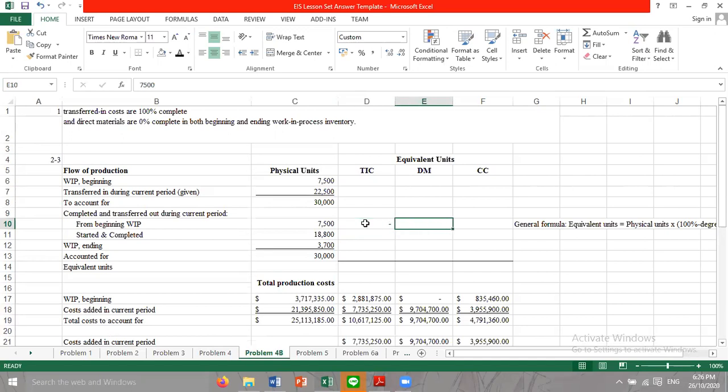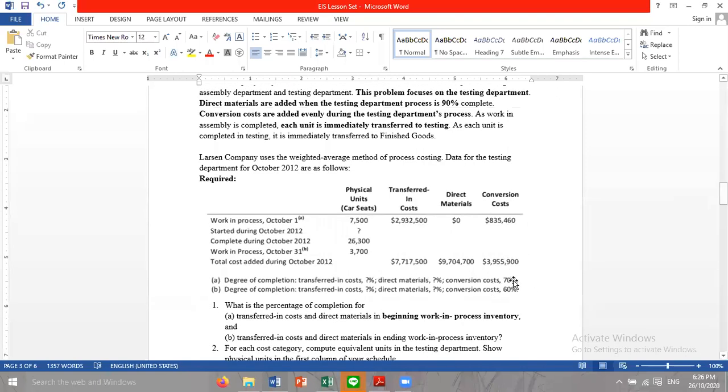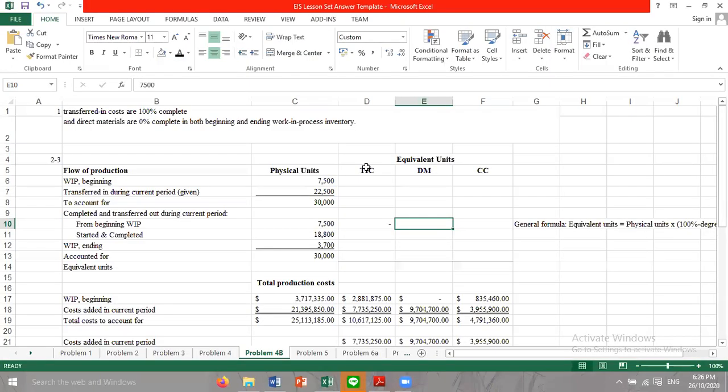How can we know that direct materials were not added at all in the previous period? We know because the beginning work in process is only 70% complete, while direct materials are added when it is 90% complete. We know that direct materials have not been added at all. That means to finish the remaining work, we need to add all direct materials, right?